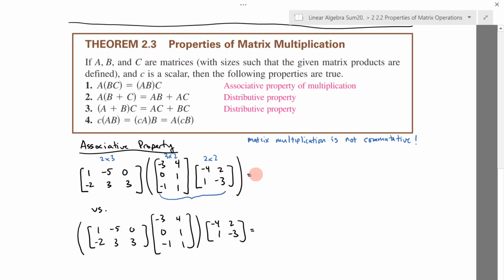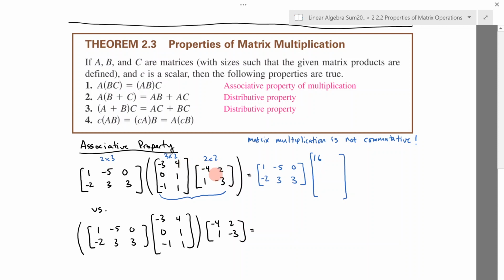So this matrix stays the same. Right, so it's 1, -5, 0, -2, 3, 3. And then this will produce a 3 by 2 matrix. Okay, so now let's do the multiplication. This is 12 plus 4 is 16.